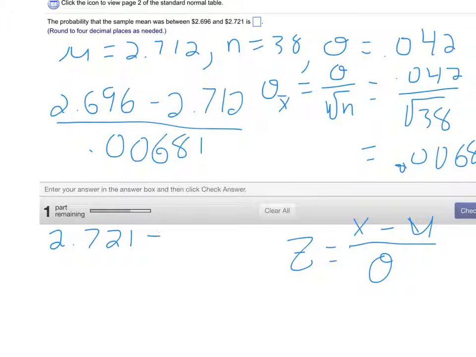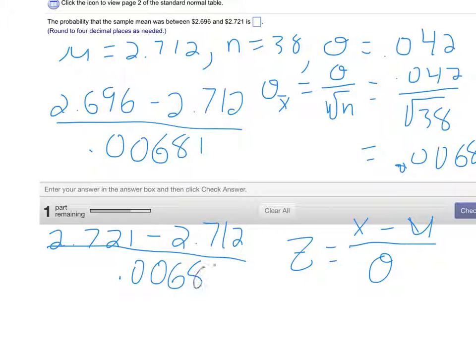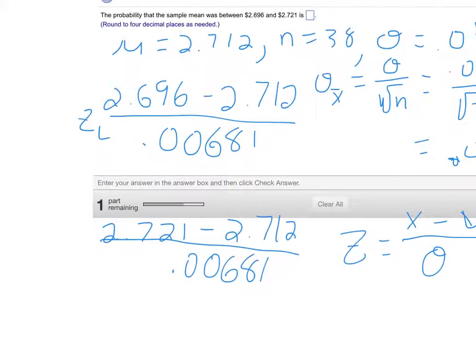And you do the same thing here. That would give you a lower z-score. This would give you an upper z-score. So it gives you two z-scores.